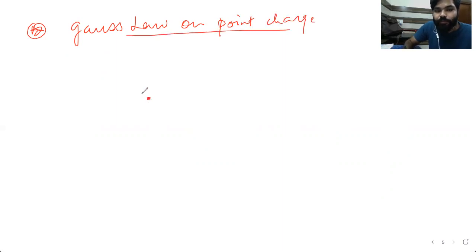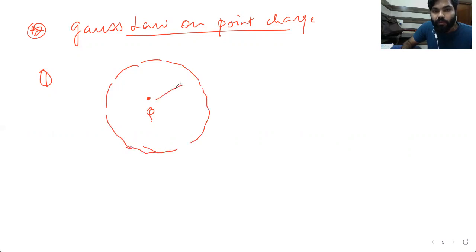Suppose this is a point charge having charge Q. So step 1 will be finding the Gaussian surface. This sphere will be its Gaussian surface, which has R as its radius. So the first step is done.